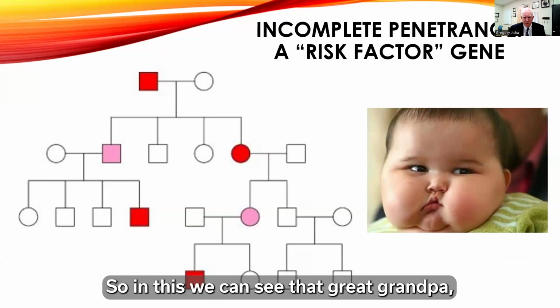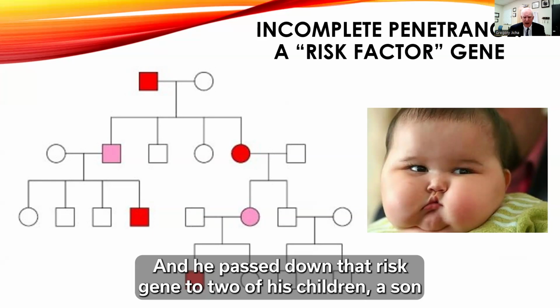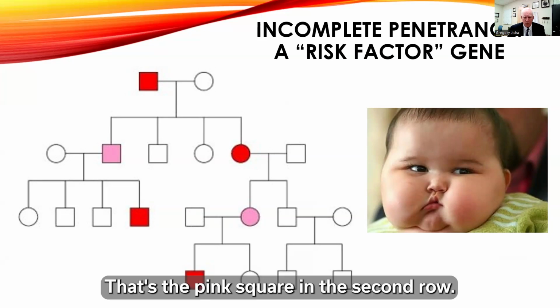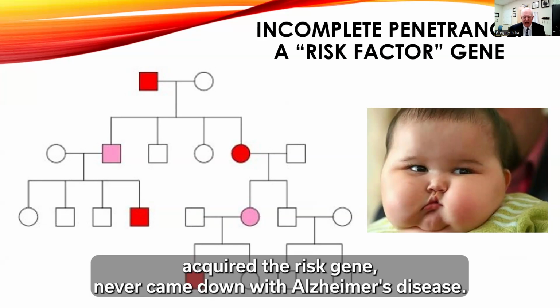So in this, we can see that great grandpa had Alzheimer's and carries a risk gene. And he passed down that risk gene to two of his children, a son who is shown in pink. That's the pink square in the second row. And while he acquired the risk gene, never came down with Alzheimer's disease.